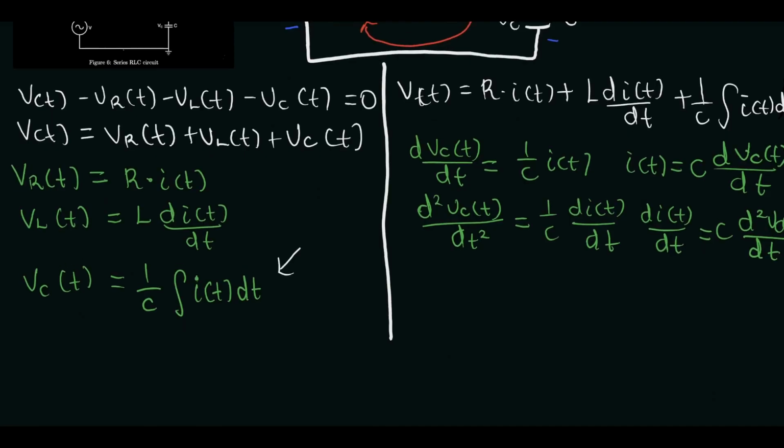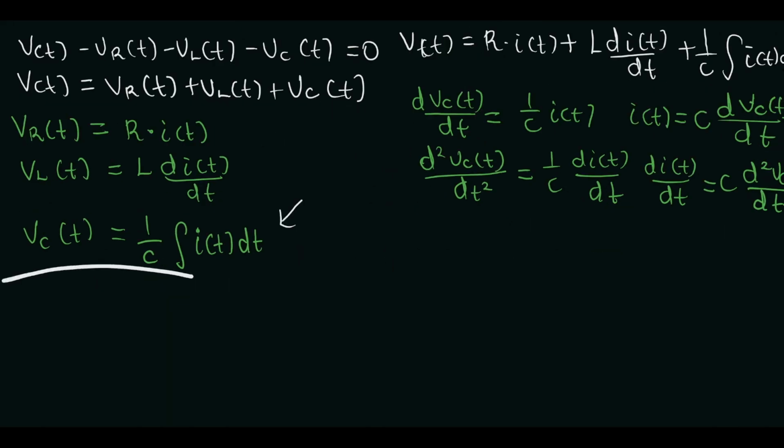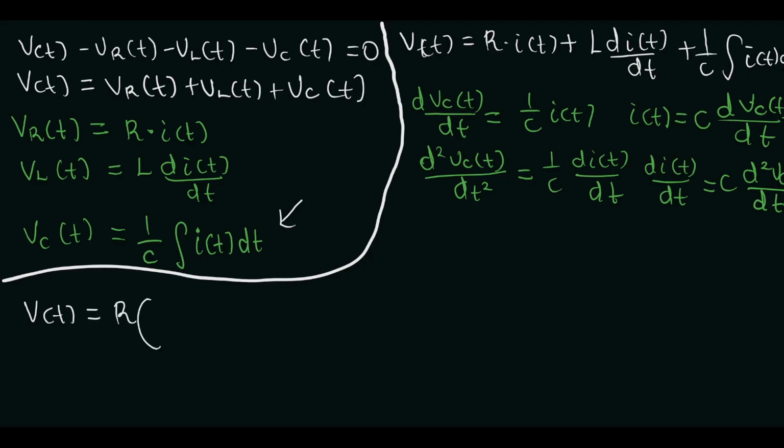So substituting these values inside the equation that we have. Let me go down so that we have more space. Vt equals your R multiplied by, what's our i of t?